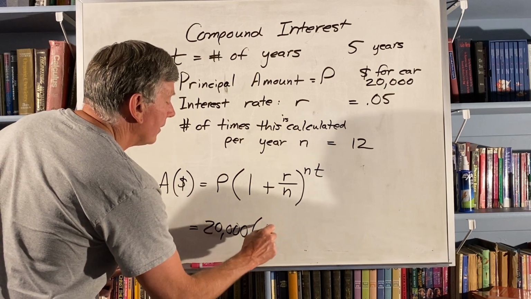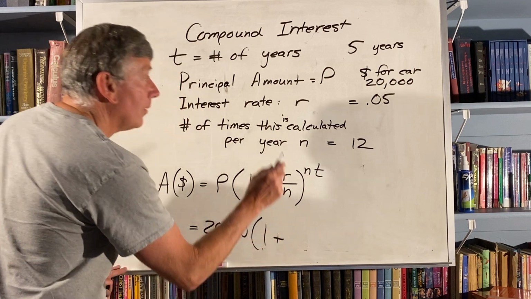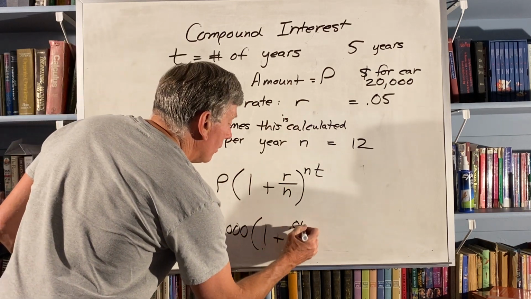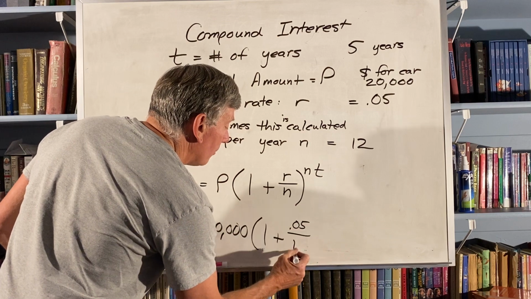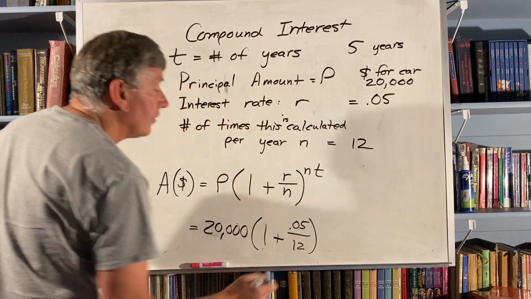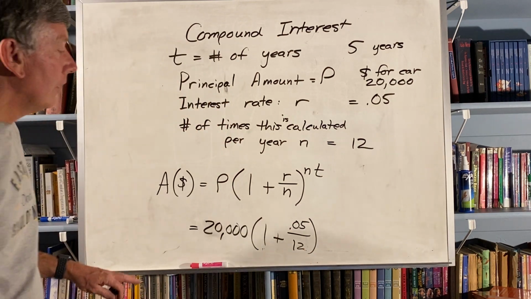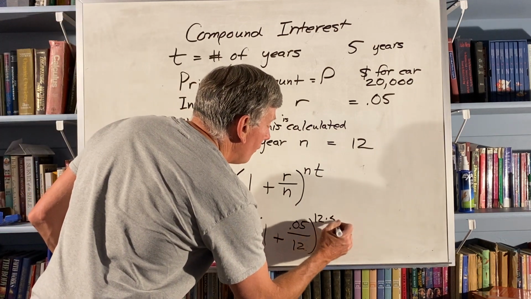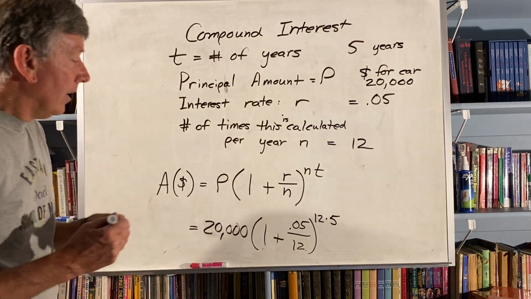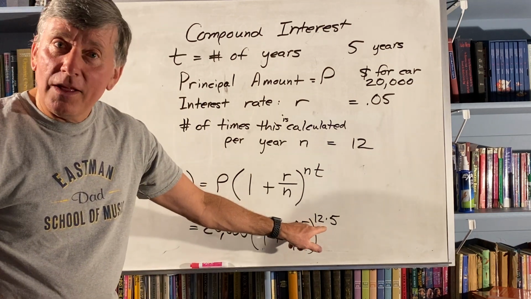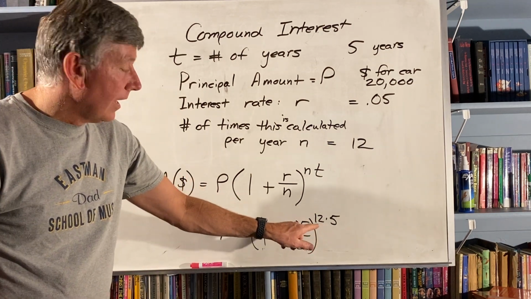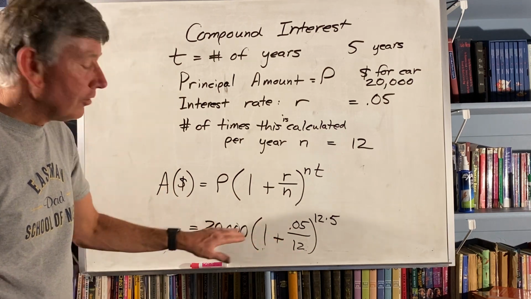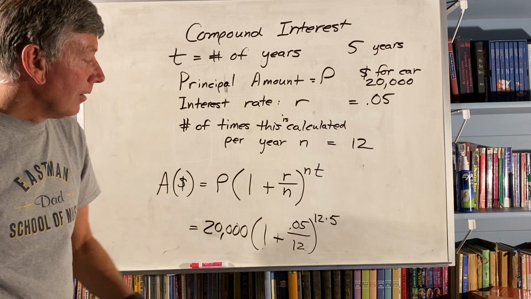Now we're going to multiply it times 1 plus my interest rate, which is 0.05, divided by 12. That's the number of compounding periods in a year. Then I'm going to take it to the 12 times 5 power. I basically have 60 months on this loan. Every month it's going to have this much calculated, and it's going to add up.